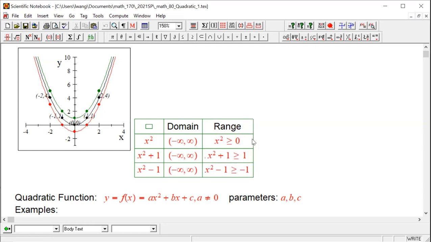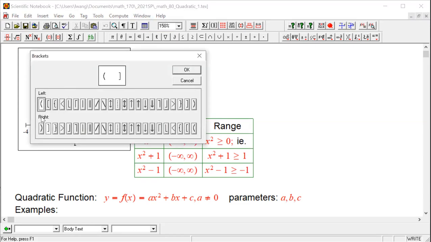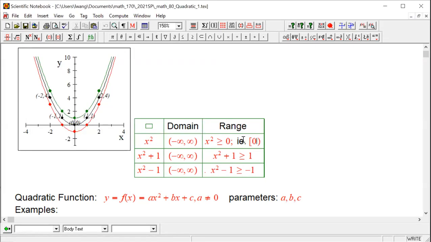The range in interval notation, I will give you the interval notation. That's going to be from 0 to infinity. We know this.